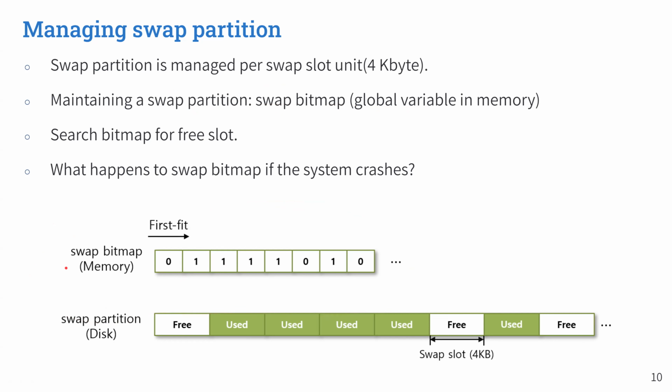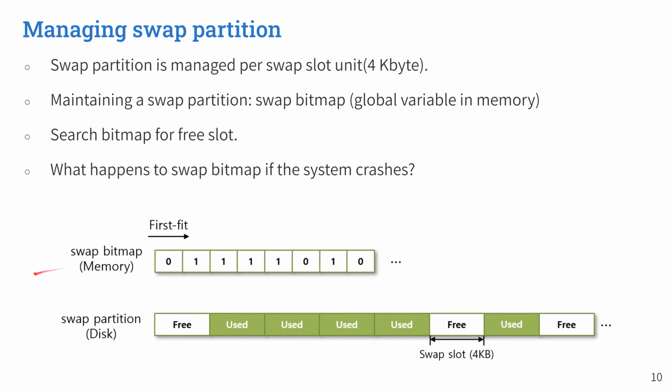So you can see there's a swap bitmap, and this 0 means the actual swap partition for this slot is free, and 1 means it's in use. Actually, this is an important question: what happens to the swap bitmap if the system crashes?